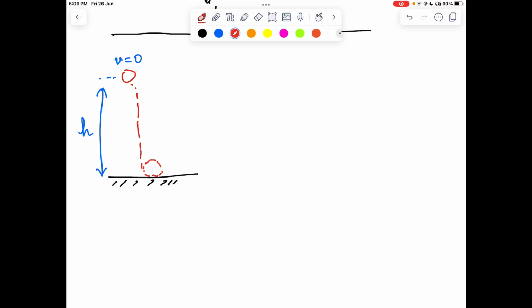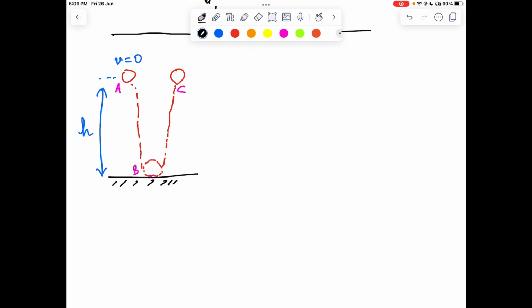Let's define this as point A, this is point B, and the ball again rises up after bouncing to attain the same position C. Of course, A and C are the same position, but we show them side by side so that we can see them separately in the figure.